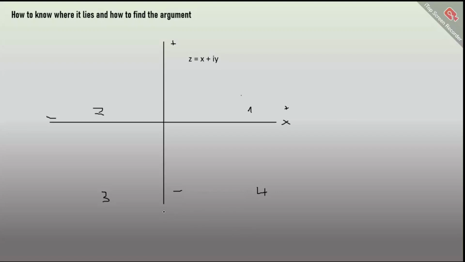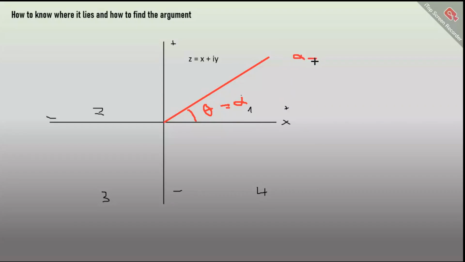Now, how do you find theta in the first quadrant? Suppose this is our complex number. We're trying to find theta. In the first quadrant, you should know that theta is equal to alpha. Now, how do you find alpha?